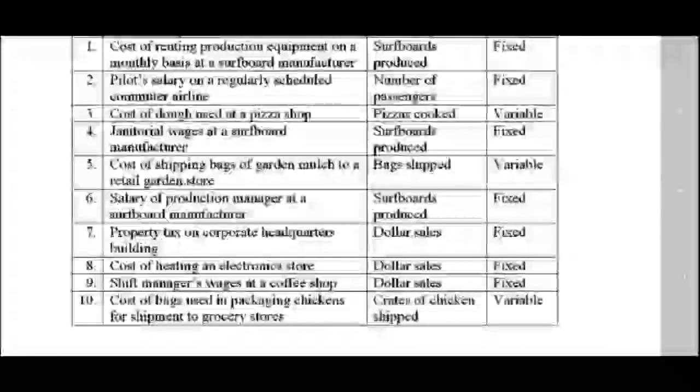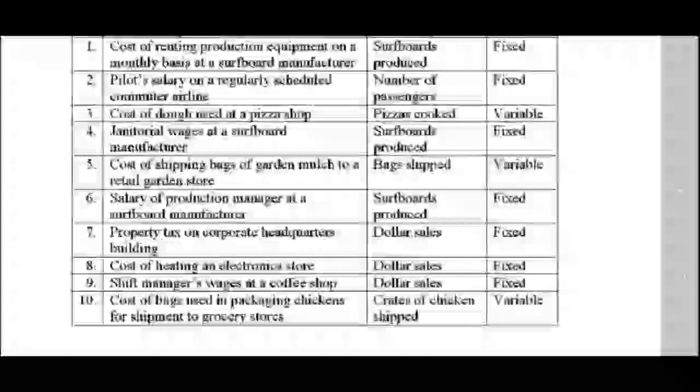Okay, let's see another example. Item number 7, property tax on corporate headquarters building. What type of cost is this? First, you know that it is a fixed cost. Second, is it a manufacturing cost or non-manufacturing cost?